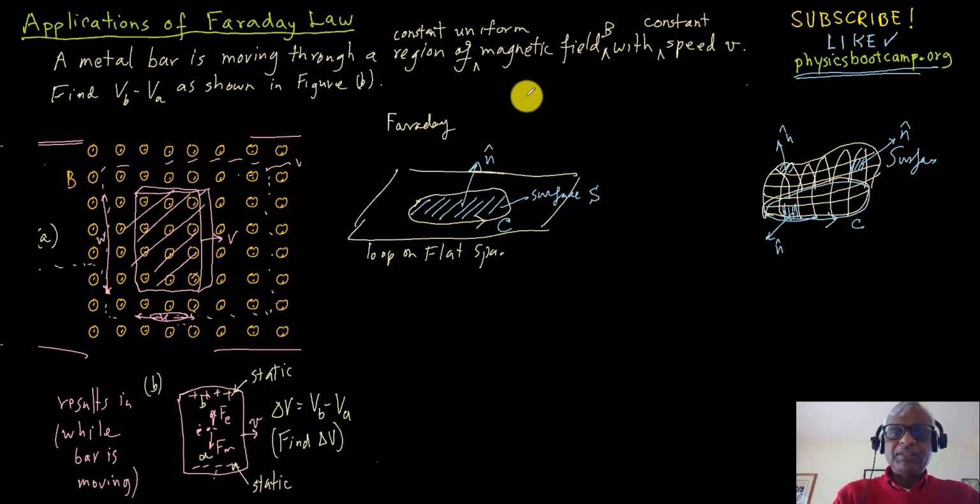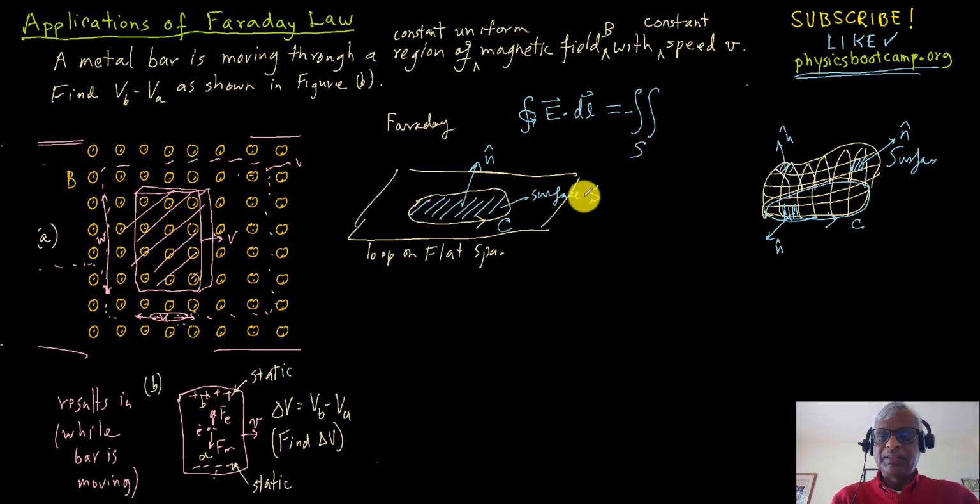So Faraday's law says that if I take the circulation of the electric field, I do this integral over the loop, and it will be equal to minus d/dt of the surface that this loop is bounding.